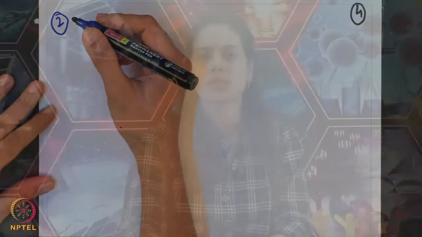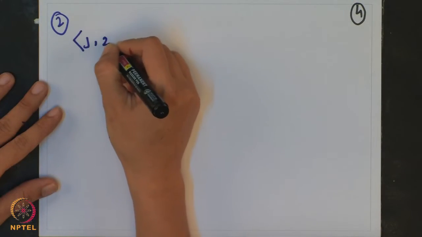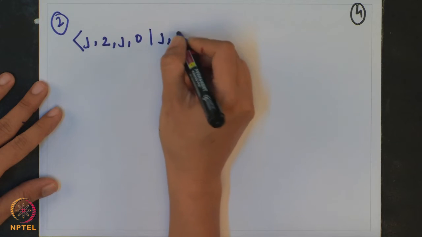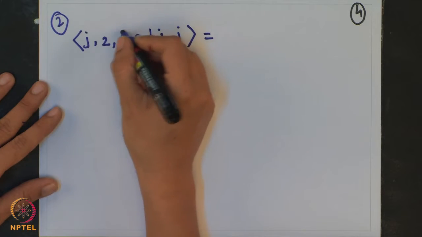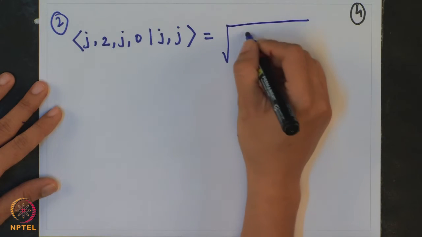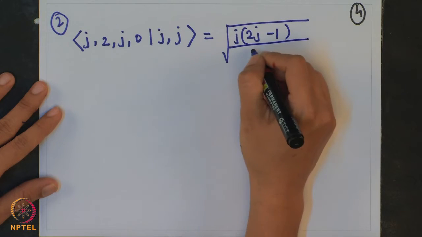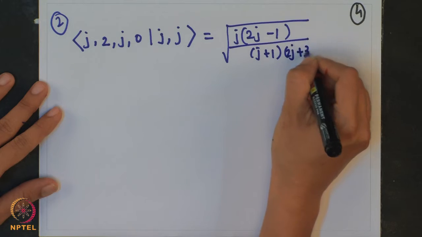In the second problem, in simple steps, you can do the second problem just by inspection. In the second problem you have j 2, j 0, j j, this is given to you, and this is the square root of 2j, j into 2j minus 1 upon j plus 1 into 2j plus 3.